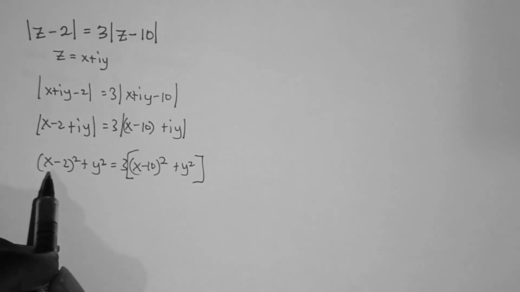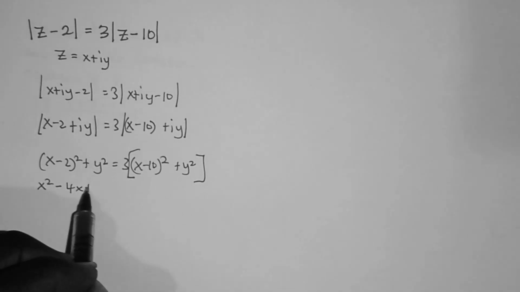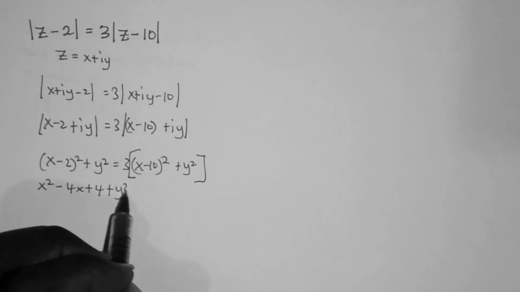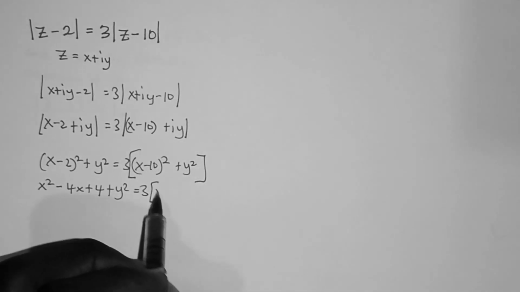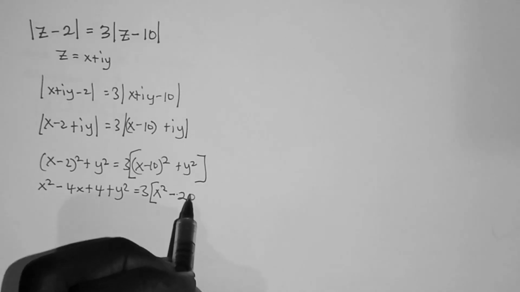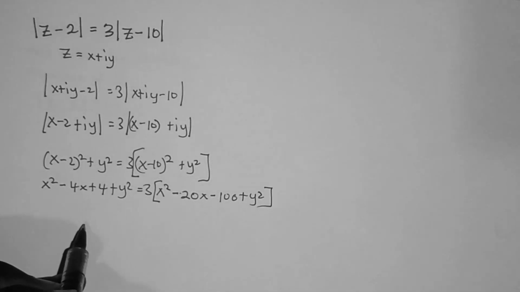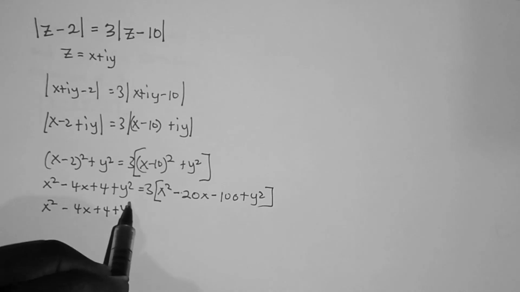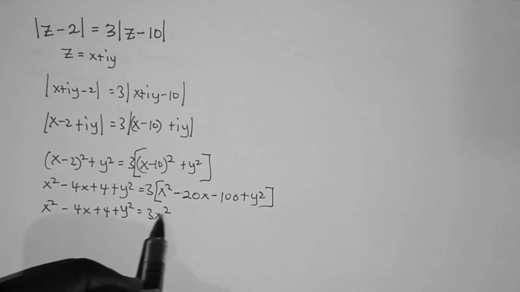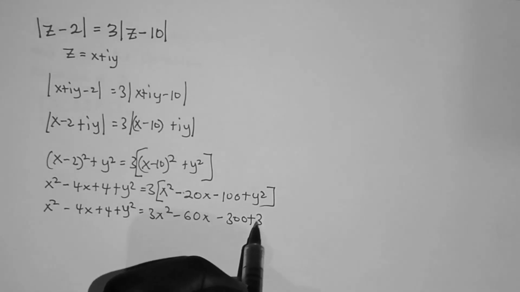So let's expand. This becomes x squared minus 4x plus 4 plus y squared is equal to 3 times (x squared minus 20x plus 100 plus y squared), which is x squared minus 4x plus 4 plus y squared equals 3x squared minus 60x plus 300 plus 3y squared.